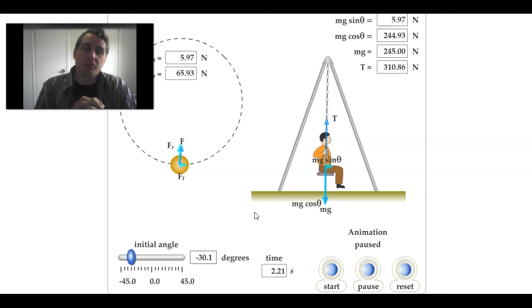Objects in vertical circles have net forces on them. The net force is given by the force that's causing it to be in circular motion, in this case the tension. But notice the tension sometimes has to balance another force, like mg, but then it also needs to be larger to allow for the centripetal force. Notice the tangential force is also there because that's what causes us to speed up and slow down.